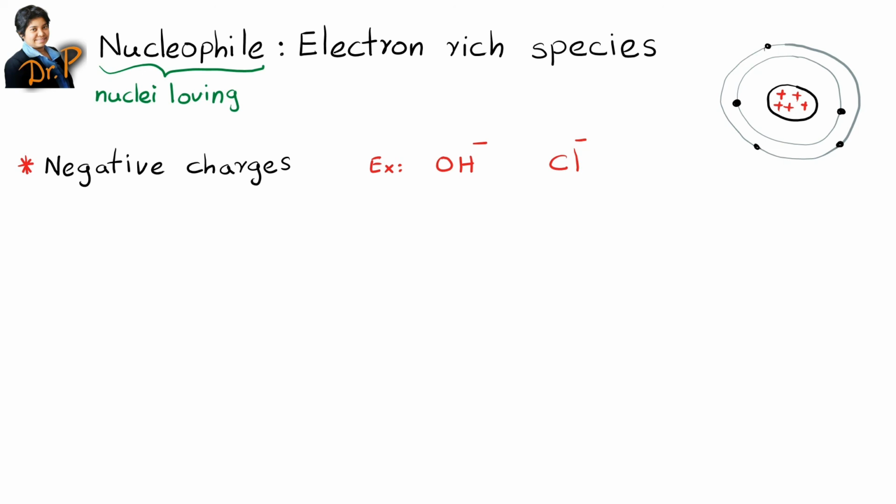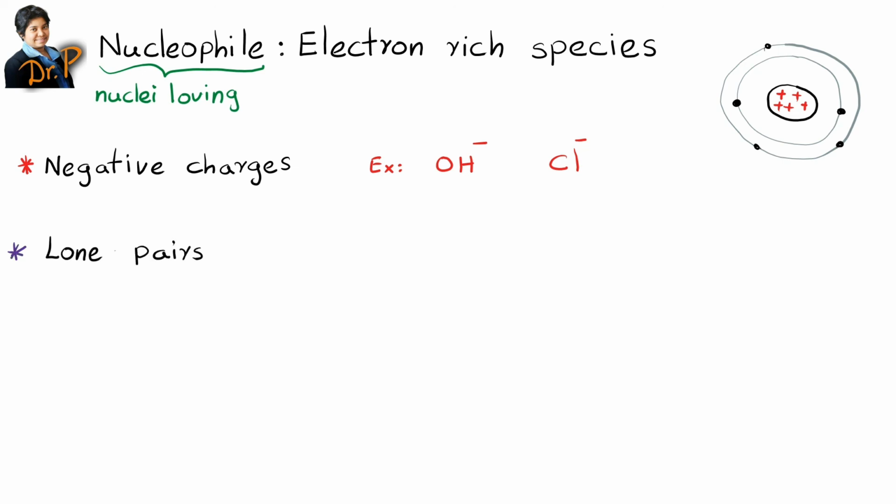For example, these anions you see here, the hydroxide ion or the chloride ion, can be identified as nucleophiles. You can clearly see the negative charge indicating electron richness. What else can become nucleophiles?